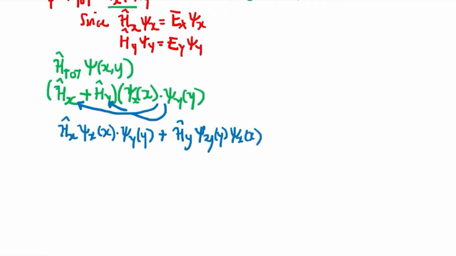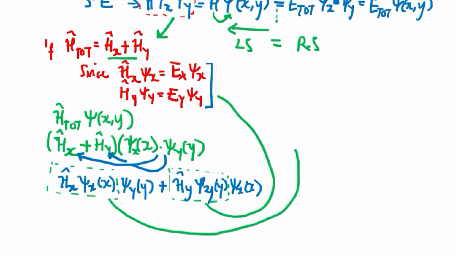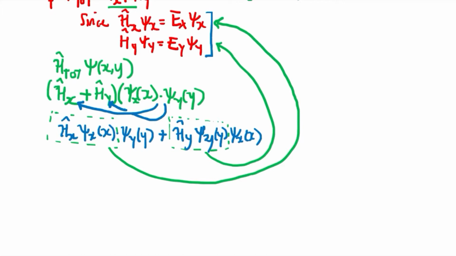And take note that once you notice this, the expression reveals that there is some kind of similarity between the arrangement of the operator with respect to the wave function and this here. So what that results in is that we substitute this here for the energies of the solution, which is what we have right here, and this results in the expression of our Hamiltonian operator now in terms of the energies of the variables.